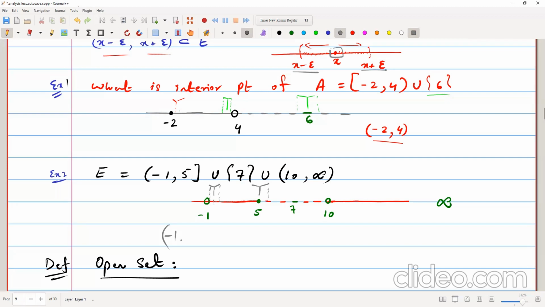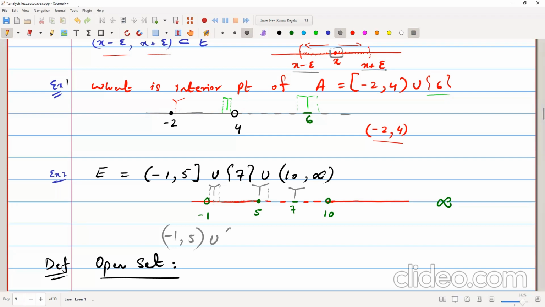But just before 5, as close as you think to 5, you can think about the points, and we get interior points excluding 5. So all the points excluding 5 in this set will be interior points from -1 to 5. And then again for 7, we don't have any neighborhood on the right and on the left as well, so it's not an interior point.